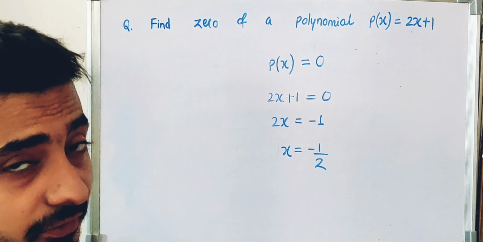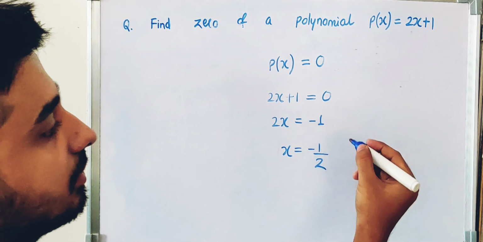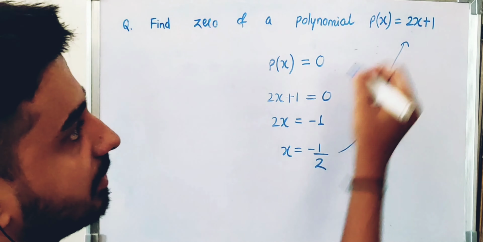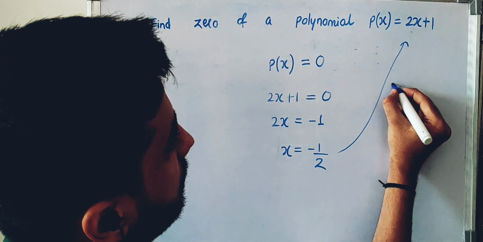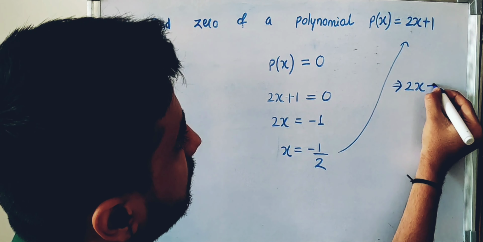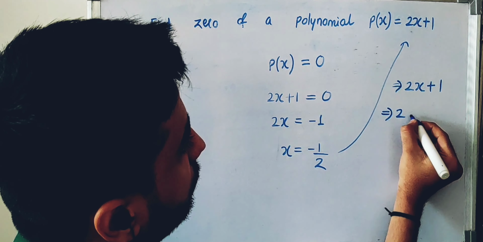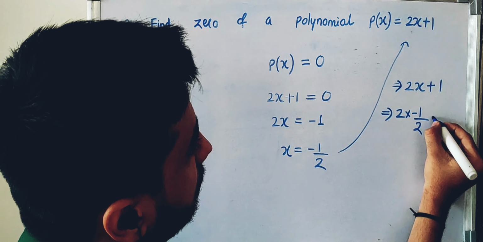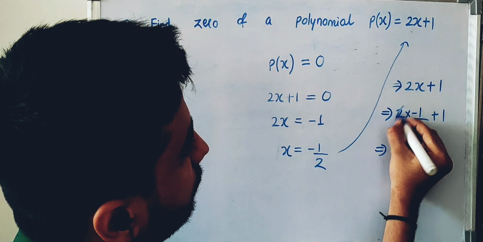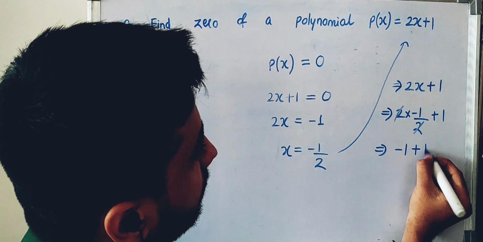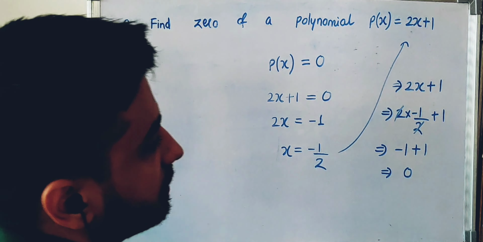To verify whether the answer is correct, just put the value of x in this polynomial. 2x plus 1: 2 into -1 by 2 plus 1. 2 will be cancelled by 2, -1 plus 1. The answer is coming 0.